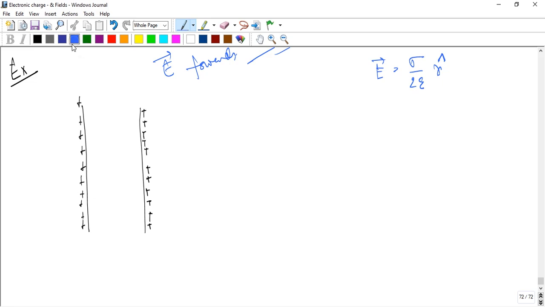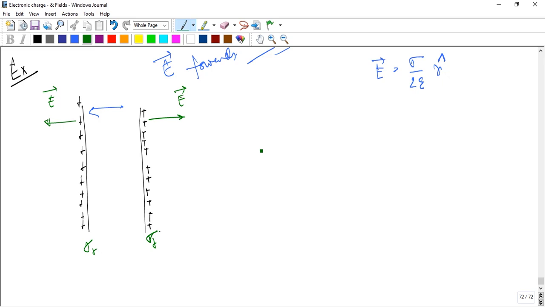The gap between them is very small. So the electric field in that direction is due to the left plate's surface, and in the right surface, the electric field is in that direction, with charge distribution sigma plus, or sigma plus minus sigma 1.